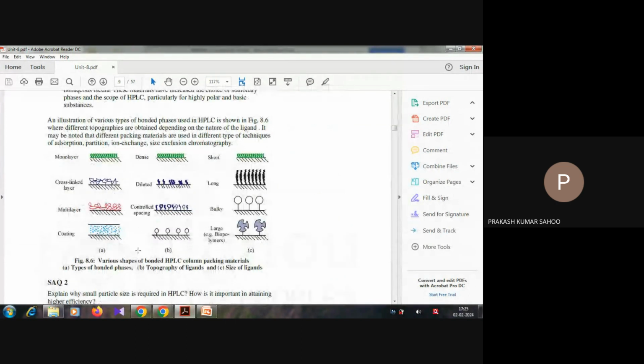Just see here, if I go for the adsorption phenomena of different HPLC techniques, an illustration was given where different topographies are obtained depending on the nature of the ligand. Ligand may be the solvent or the mixture that is to be separated.